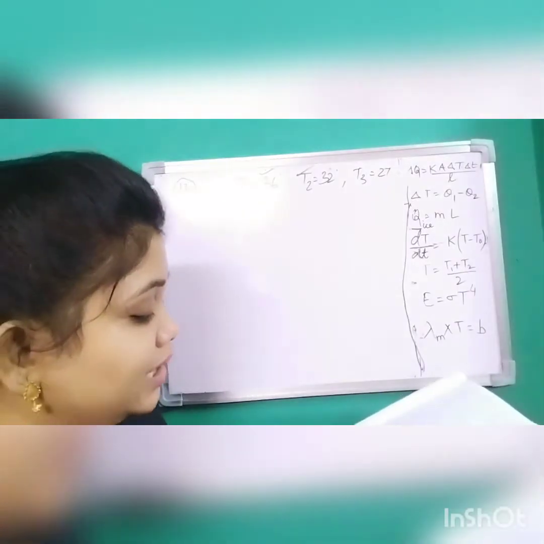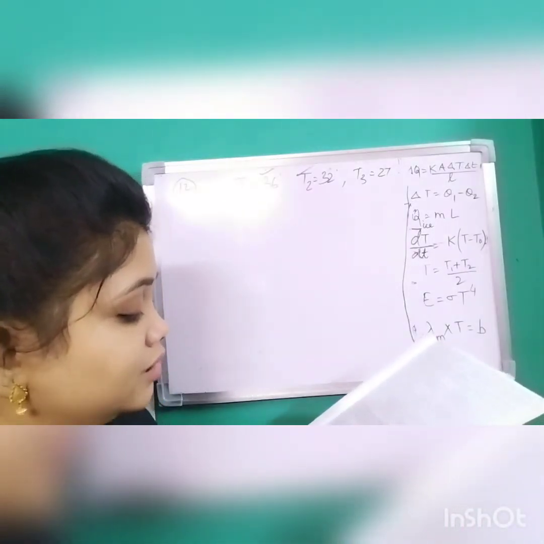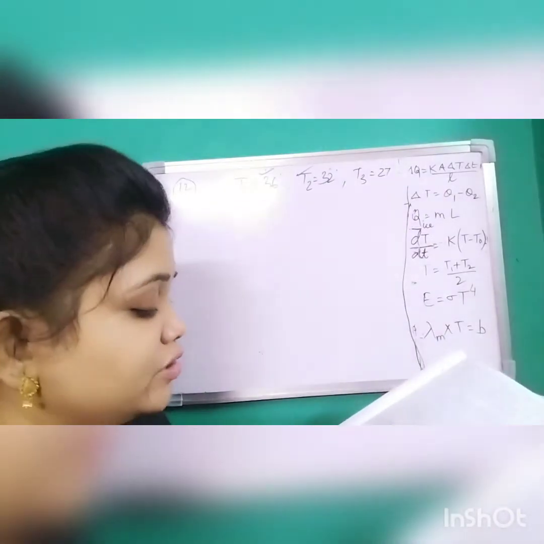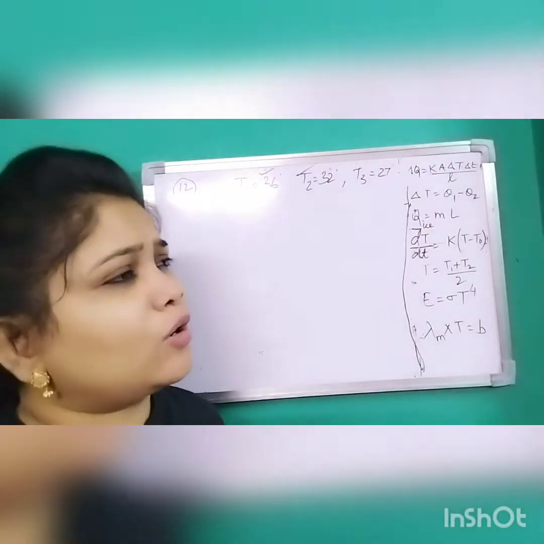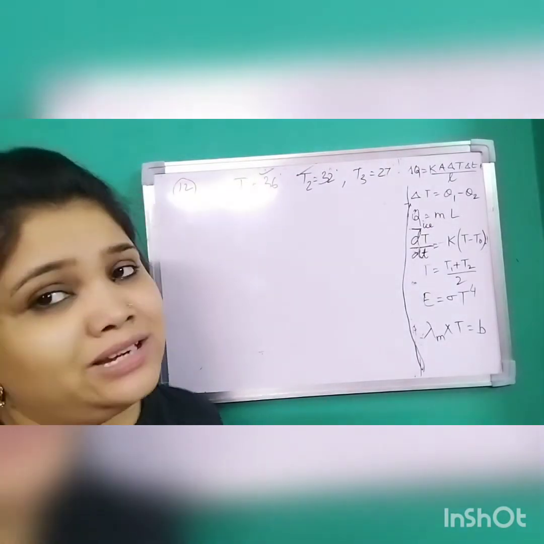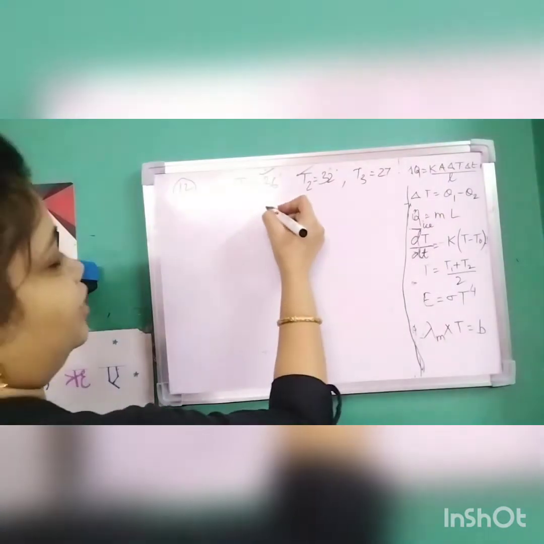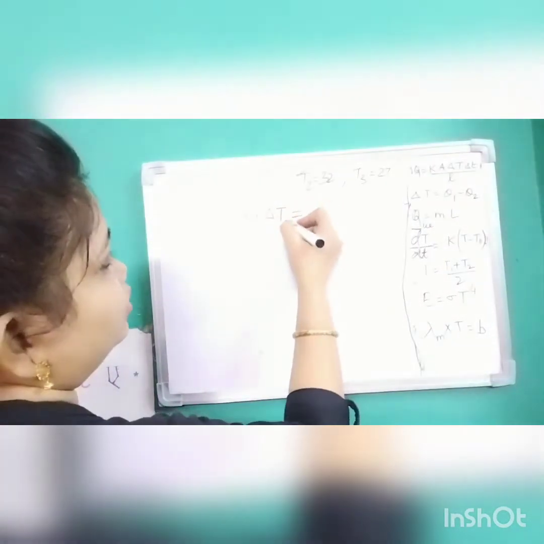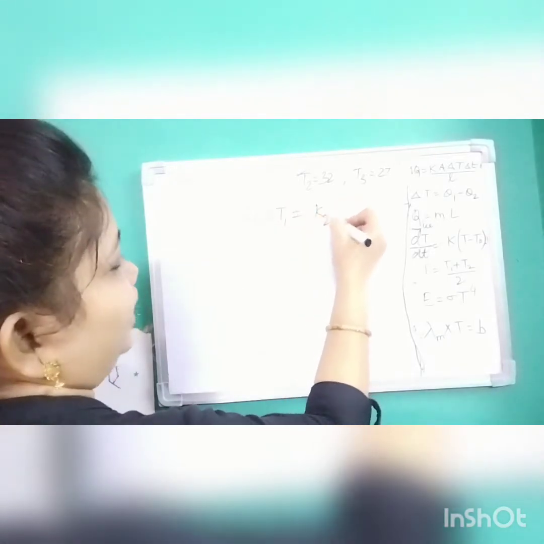If the vest and the shirt are equally thick, calculate the ratio of thermal conductivity. Now, you see all the rest of the quantities are the same, obviously, because the man is the same. So, we are left with only K1 delta T1 is equal to K2 delta T2.